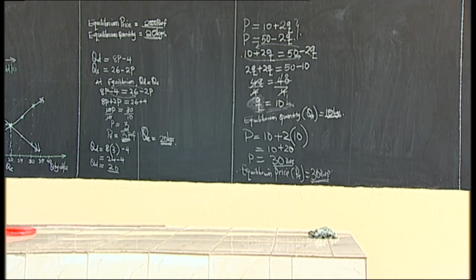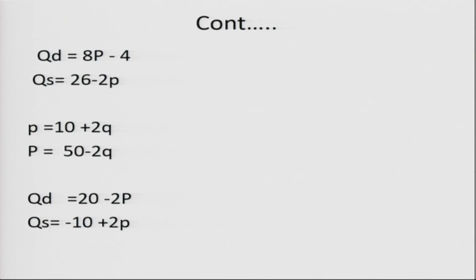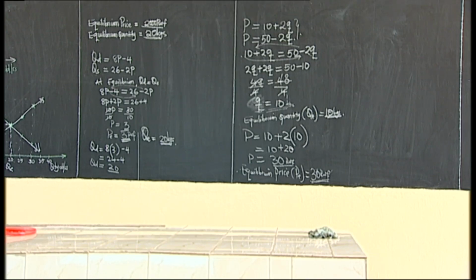So now we have the third system of linear equations, which I want you to do as an assignment, because I know by now you are in a position to solve and determine equilibrium price and equilibrium quantity using a system of linear equations.